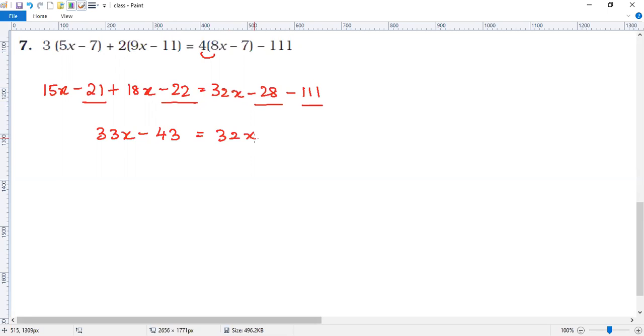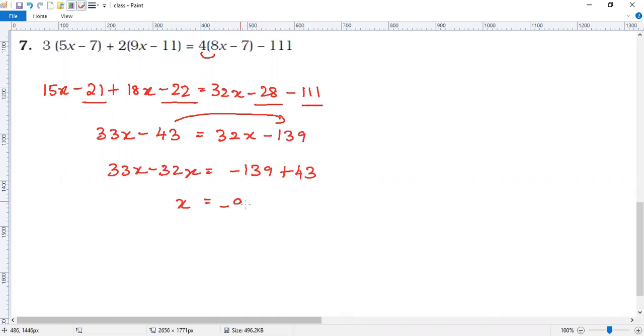When you add up these two things together, you get minus 139.